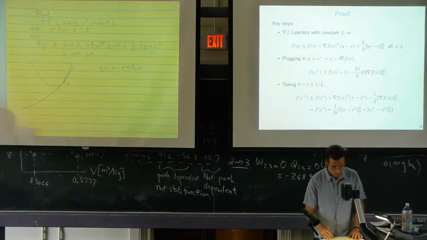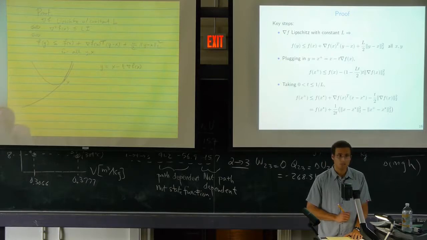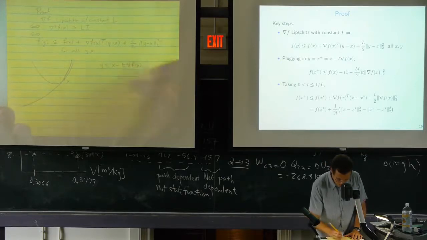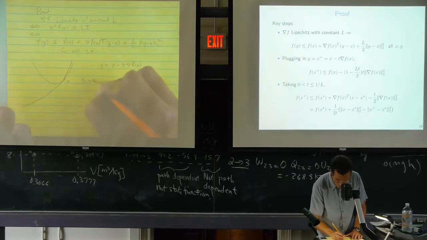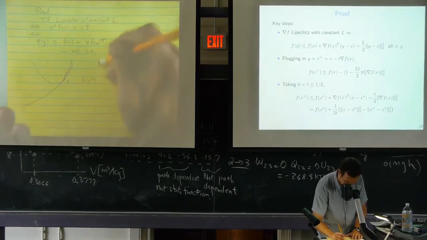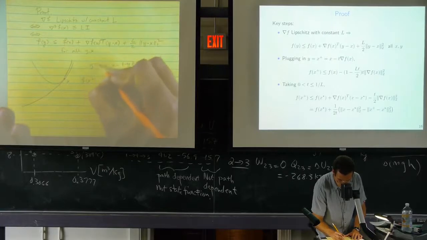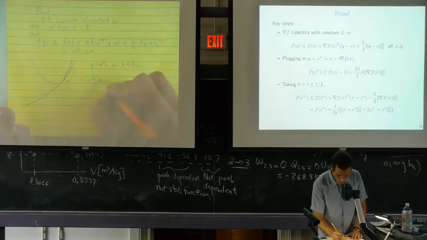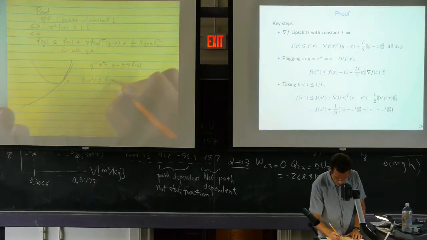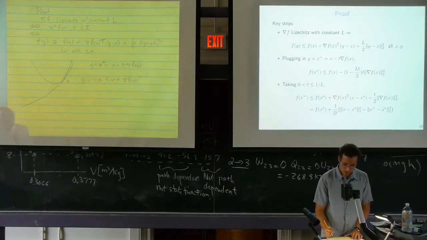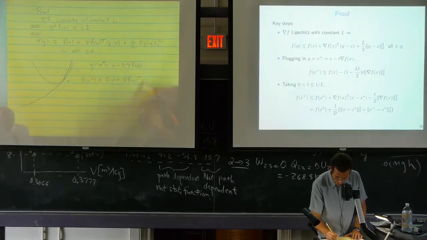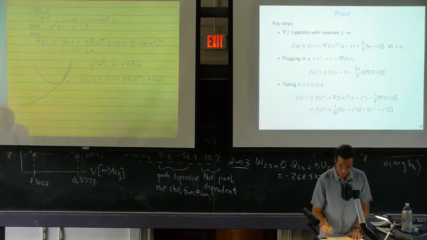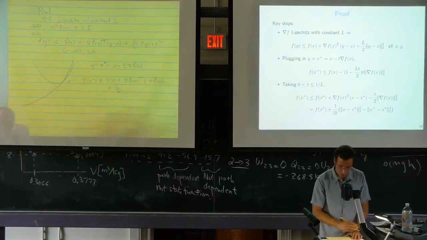Right? And what happens if we plug that into this formula here? It just tells us that f of x plus, where this is y equals the update, x plus, which is x minus t times the gradient of f of x, is less than or equal to f of x plus the gradient of f of x transpose, what's y minus x? It ends up just being t times the gradient of f of x plus L over 2 times the norm of the difference between y and x squared.